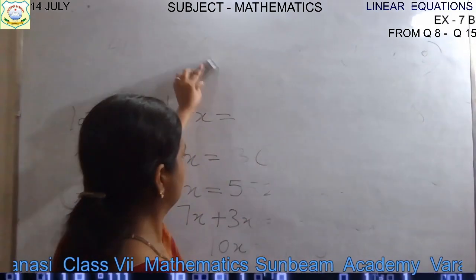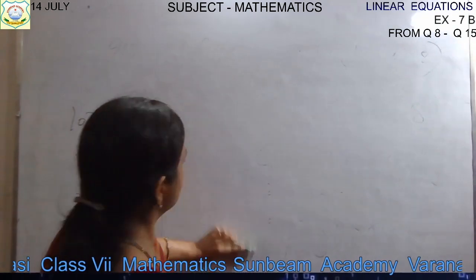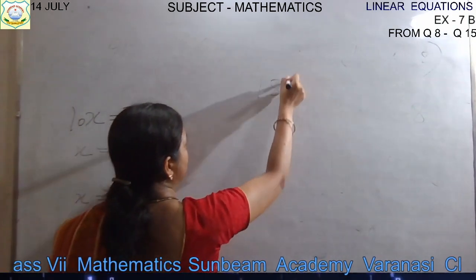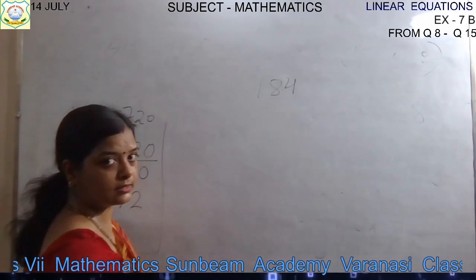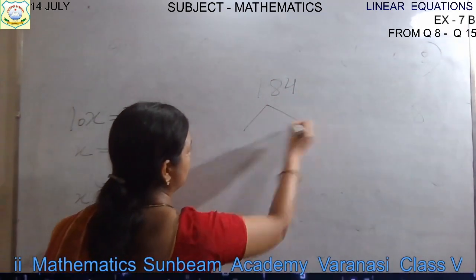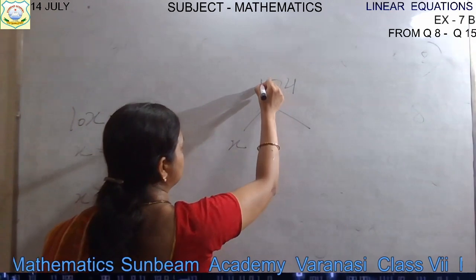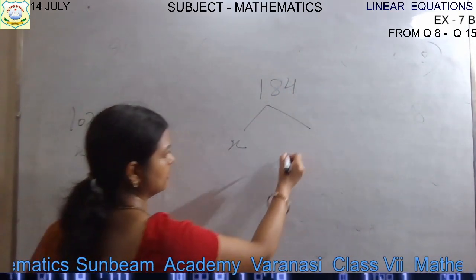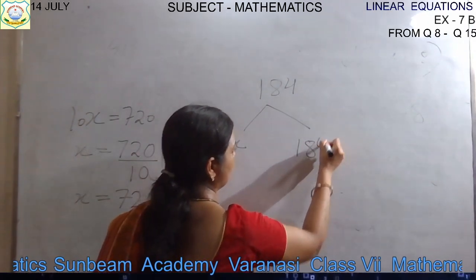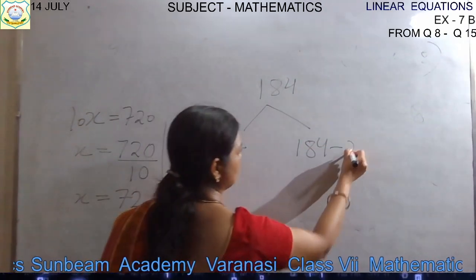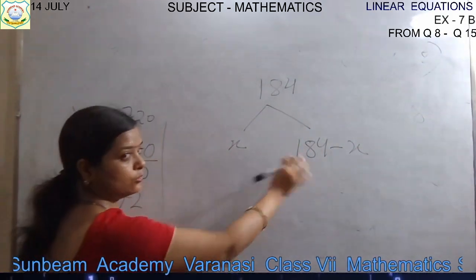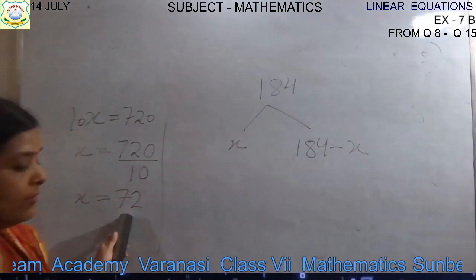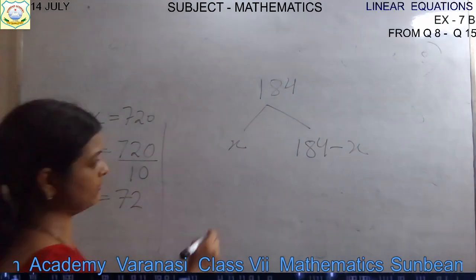One number was x. We are having 184, isn't it? And we had one number as x, and the other number was 184 minus the first number. We have divided 184 into two parts. So they are asking what are those two numbers. So just now we have found that the one number is 72.